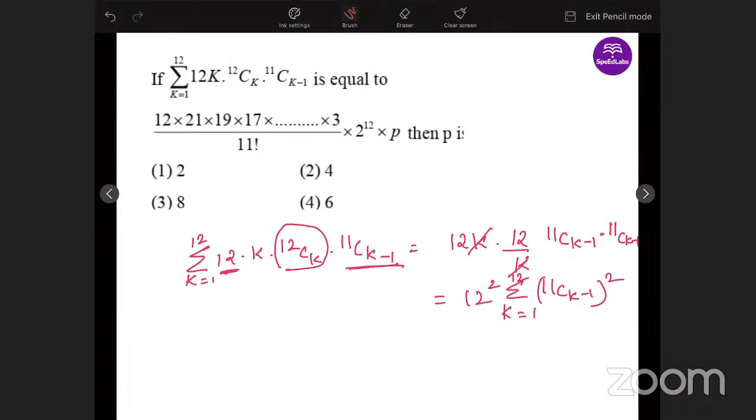Yes, sir. तो इसके बाद हम क्या कर सकते हैं? What can we write? What after this? Anybody? 12 square into sigma k running from 1 to 12. So what would be the answer?